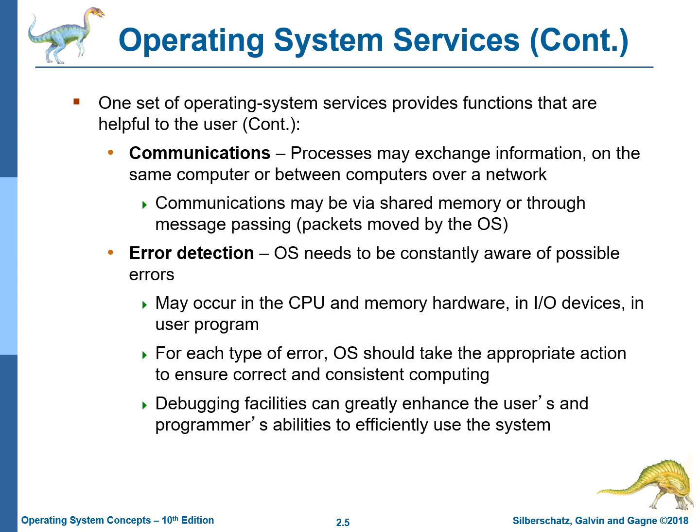It may occur in the CPU and memory hardware, in input-output devices, in user programs. For each type of error, the operating system should take the appropriate action to ensure correct and consistent computing. Debugging facilities can greatly enhance the users' and programmers' abilities to efficiently use the system.